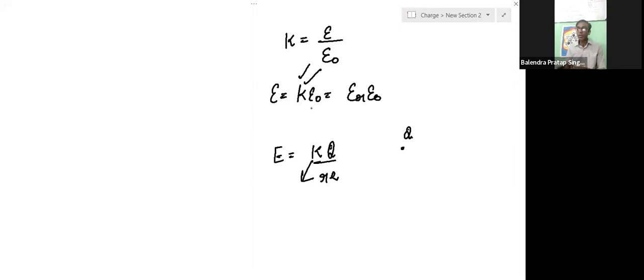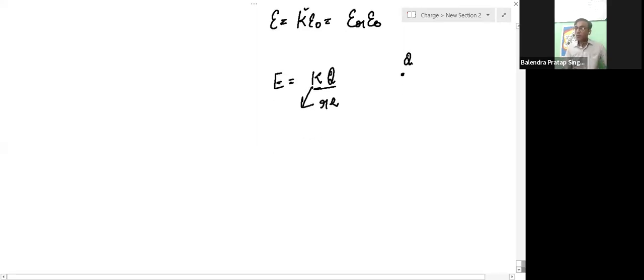One more question. What is the relation of force in terms of absolute permittivity or dielectric constant? Or you can say Coulomb's law in a medium.